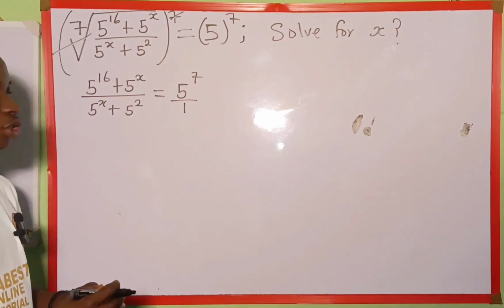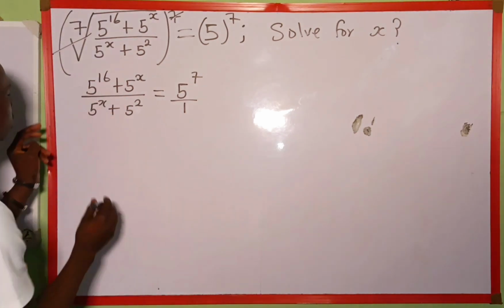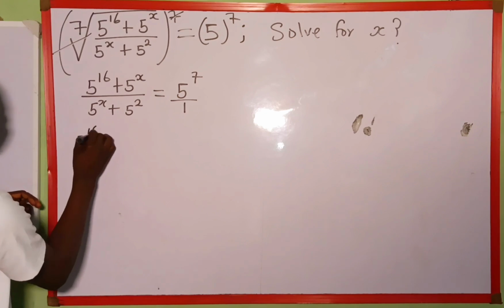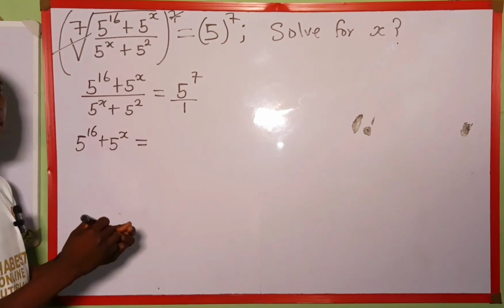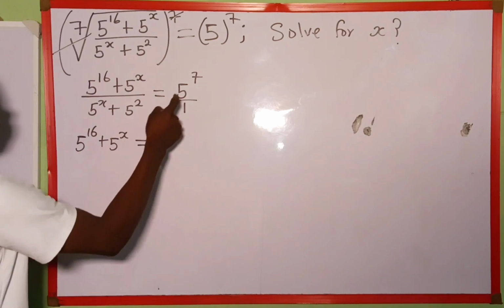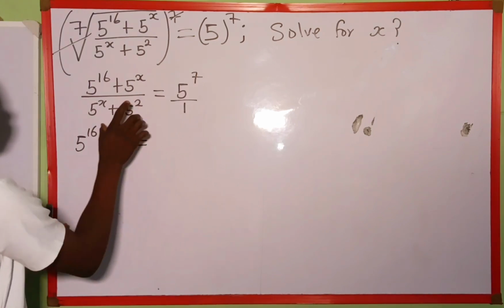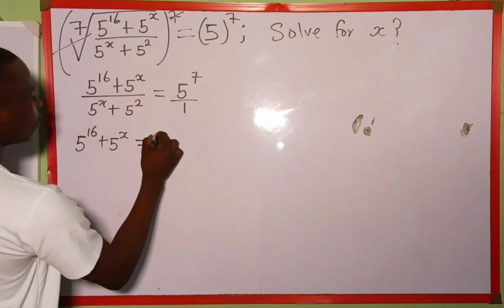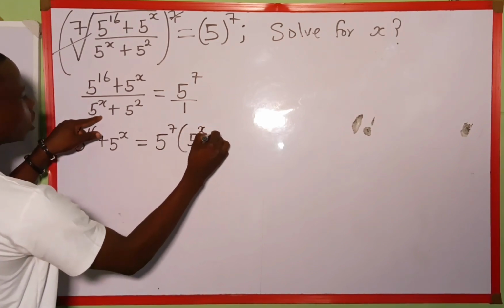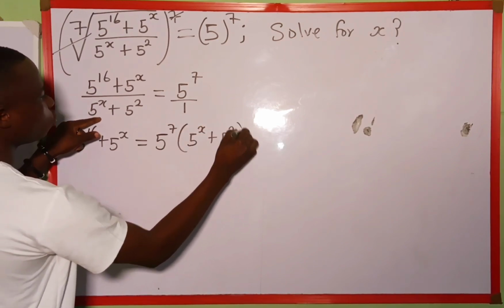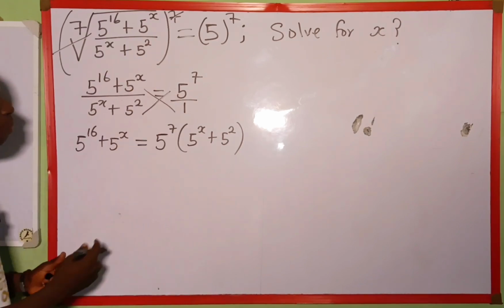Now we're going to cross multiply. 1 multiplied by this is going to give us 5 to the power of 16 plus 5 to the power of x, because 1 multiplied by anything is still the same as that thing. Then we're going to multiply 5 to the power of 7 by this. So we're going to have 5 to the power of 7 multiplied by 5 to power x plus 5 to the power of 2. So we just cross multiply.